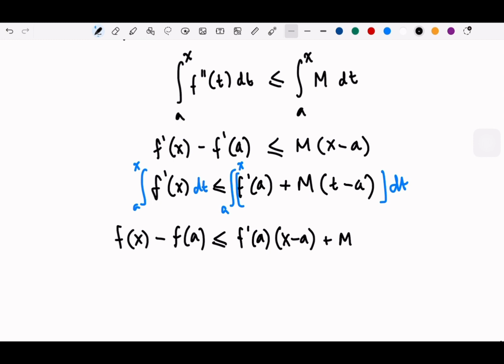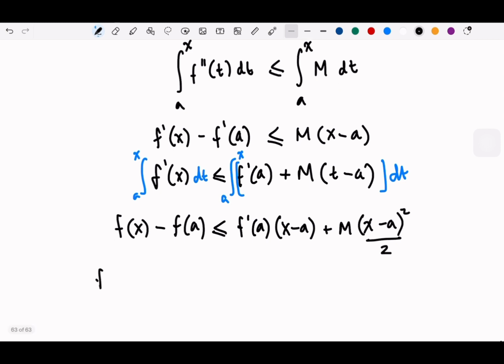So for M, we integrate t minus a, it becomes (t - a) squared over 2, and then exchange t with x. Okay, I think now it's correct.